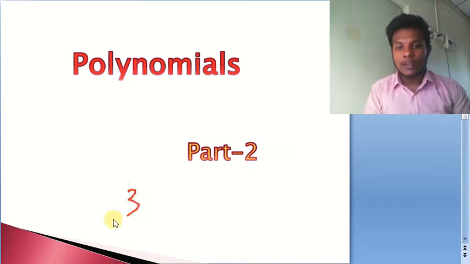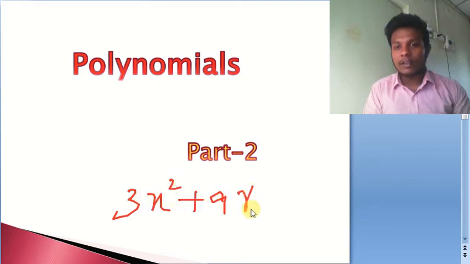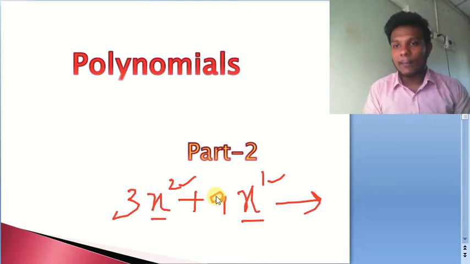Suppose you take 3x square plus 9x. Here the variable is x and x, where the power is 1 here and the power is 2 here. In every case, whatever the variable you take, if all these exponents are whole numbers, then we can call it a polynomial. Otherwise it will be simply an algebraic expression, but it won't be a polynomial.